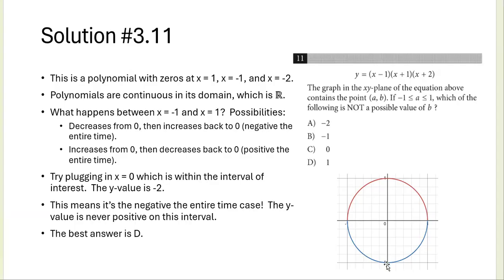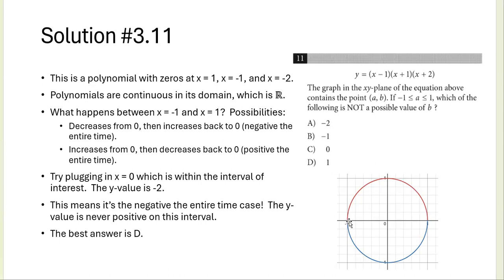In order to connect from this 0 to this 0, we have to go through this negative value. That means it has to decrease from 0 and remain negative all the way until we get back to the 0.